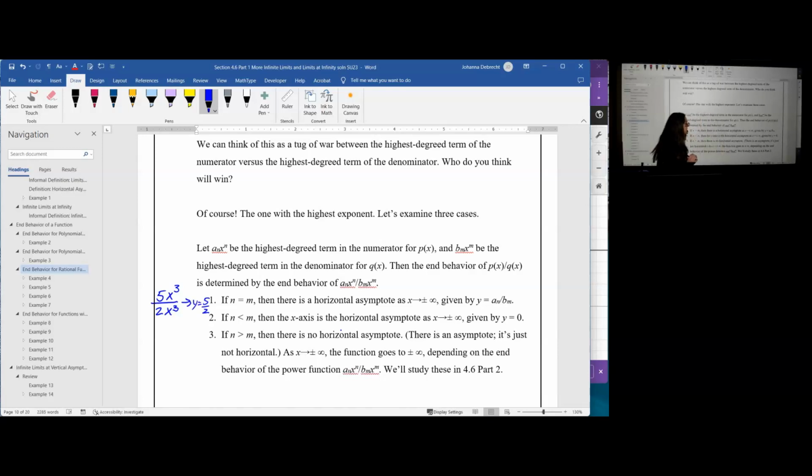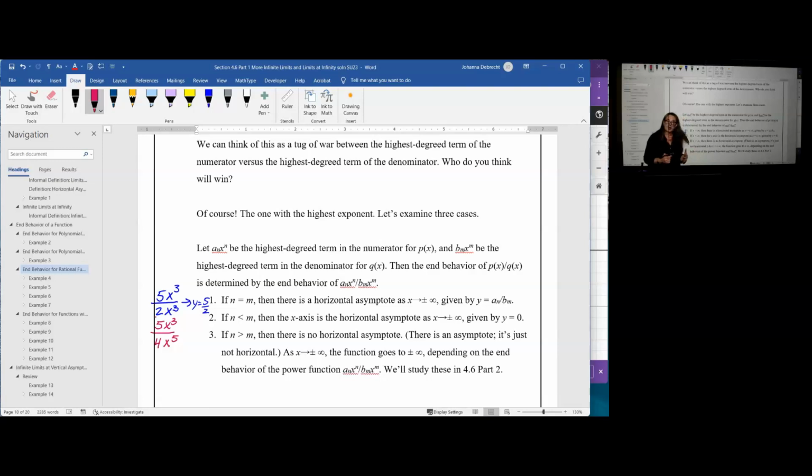What if instead the degree of the numerator is smaller than the degree of the denominator? Let me give an example of that one. Suppose I have 5x cubed divided by 4x to the 5th.